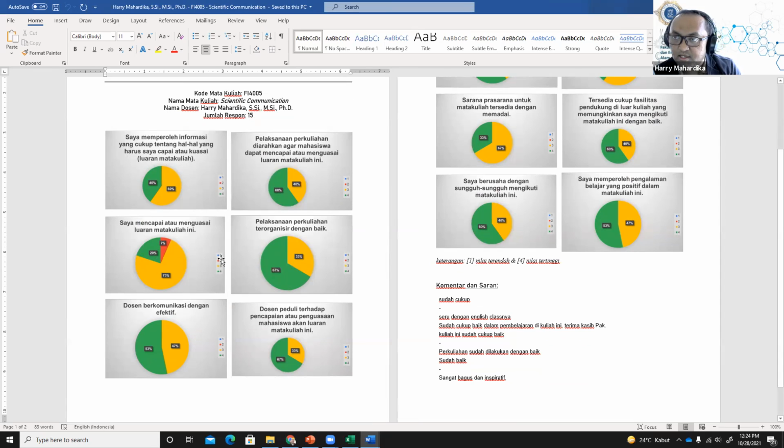So 2 is basically, in Indonesian, cukup. Cukup means average.